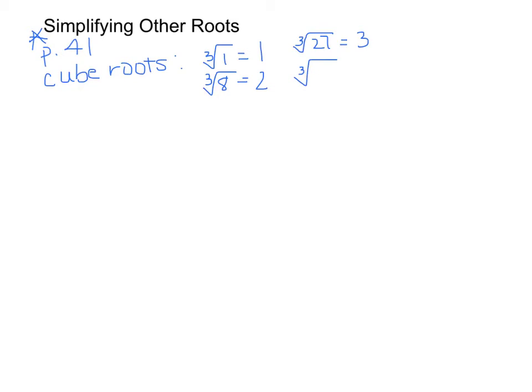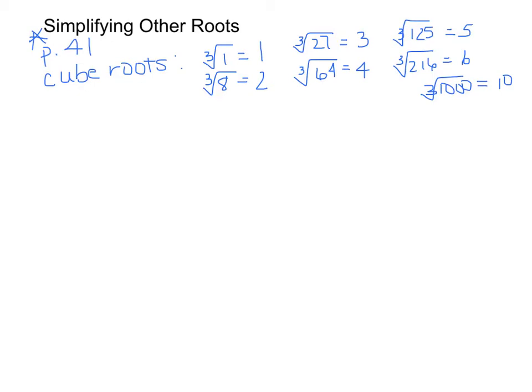The cube root of 64 is 4. Cube root of 125. Cube root of 216. And the cube root of 1,000 is 10. So those are the most common cube roots.